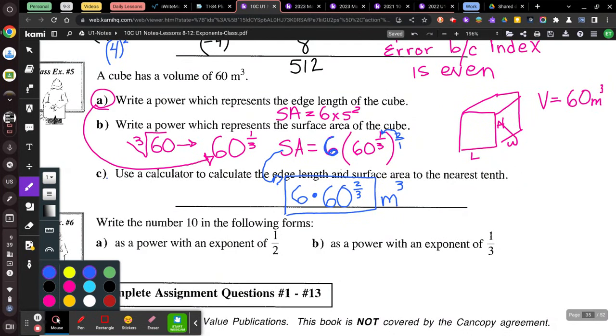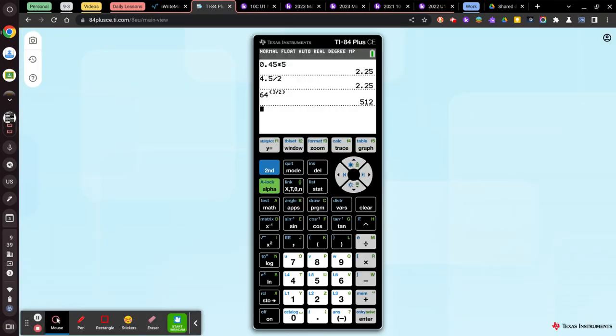So if you are now solving that, we're all going to go to our calculators and type in 6 times bracket 60 exponent. Actually, we don't need brackets to begin with, because we need brackets around our fraction. Okay, our exponent, fraction. Whoa, not tan. I'm going to clear that out.